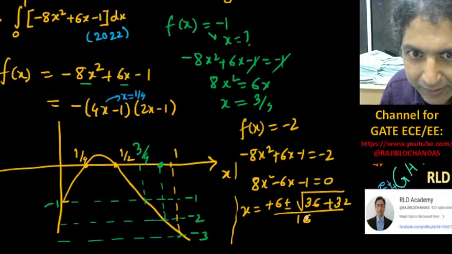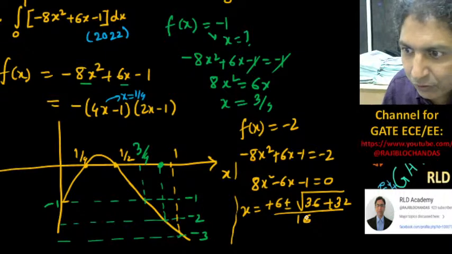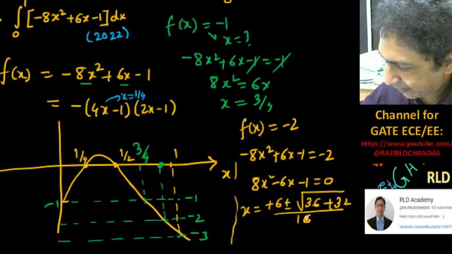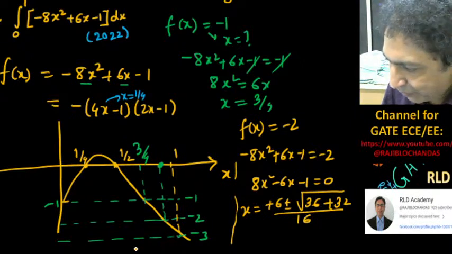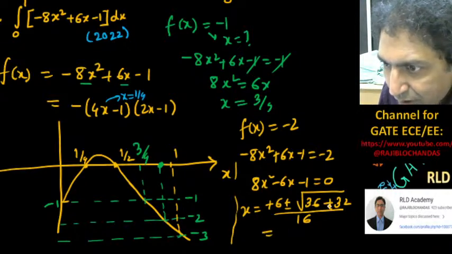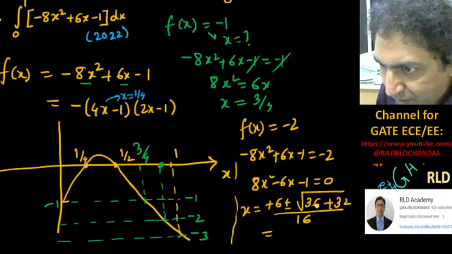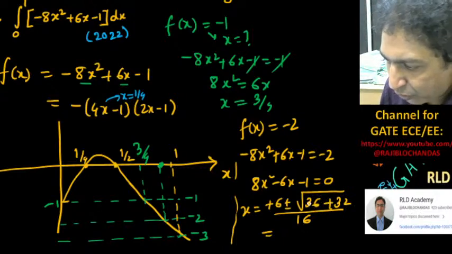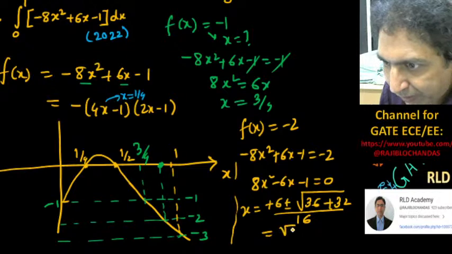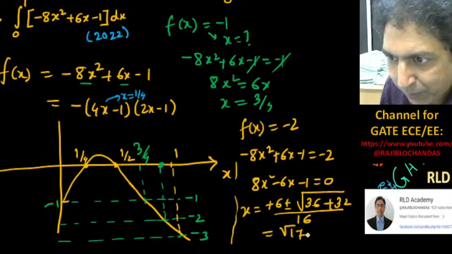This is a very simple thing. If you solve this one, you will get a complicated term. So this is 68, so 4 into 17, and 2 is cancelled out. So root 17 plus minus.